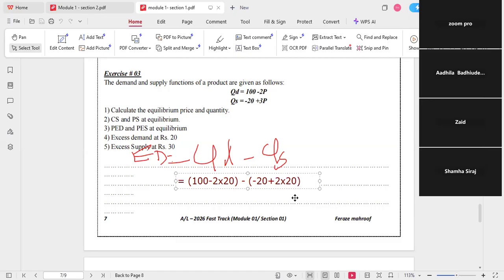So what we do is 2 into 20 is 40, 100 minus 40 is 60, minus 2 into 40, 40 minus 20 is 20. Now what is the excess demand? 40 units. Okay, excess demand is 40 units, right? Excess demand 40 units. Right?